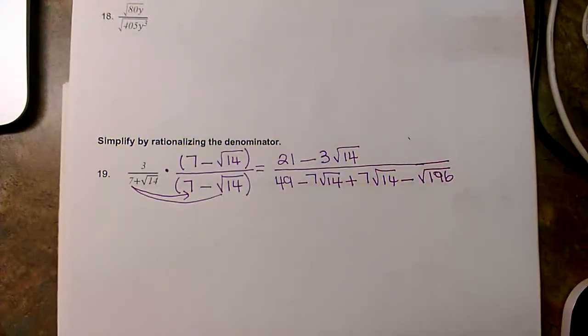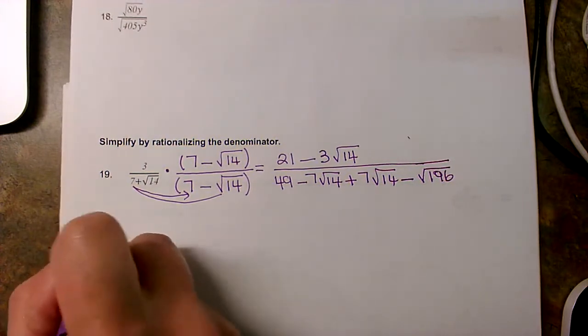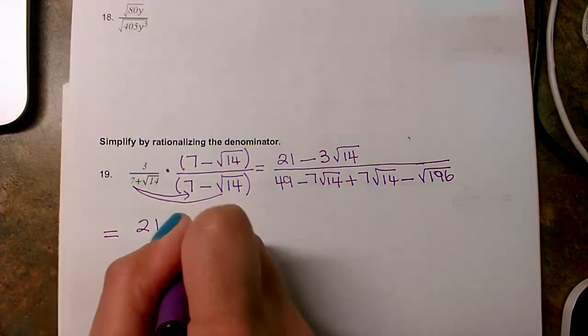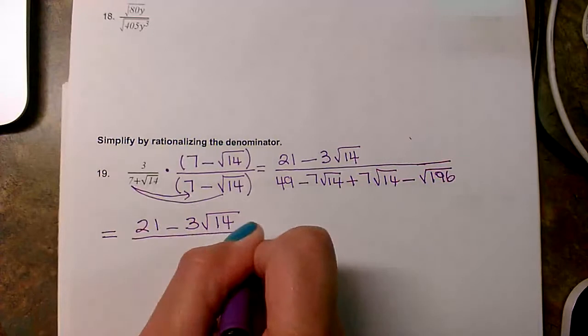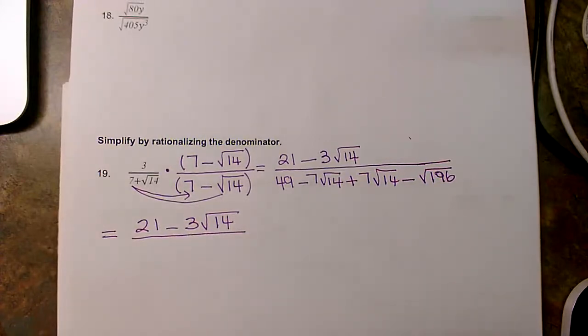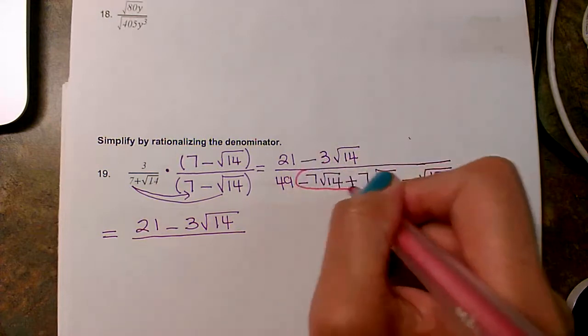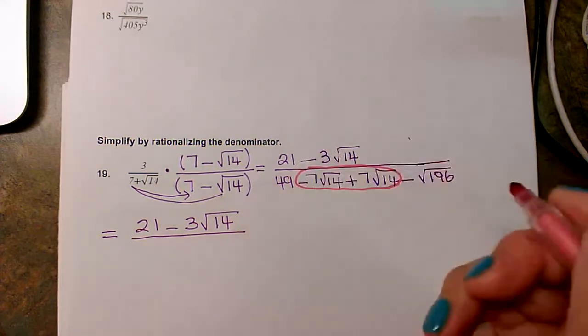196. Now, on top I have the 3 square root of 14. Right here, we're making a 0, right?